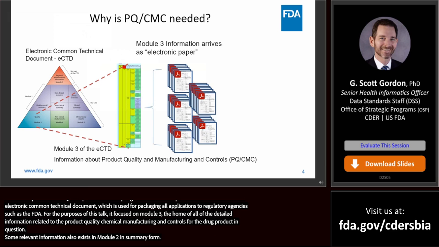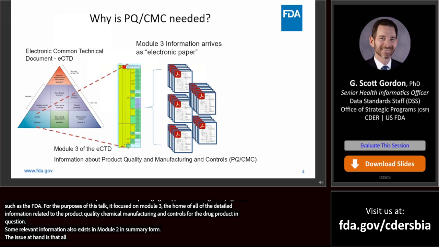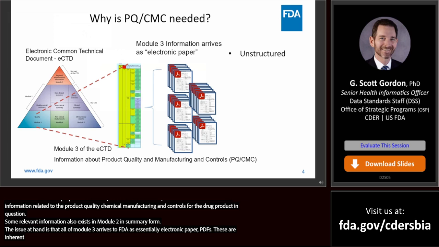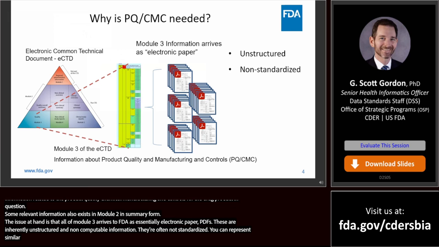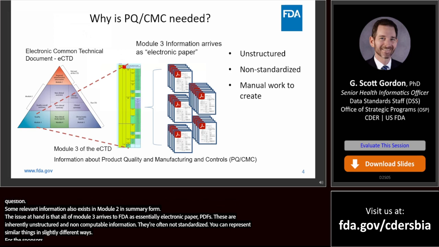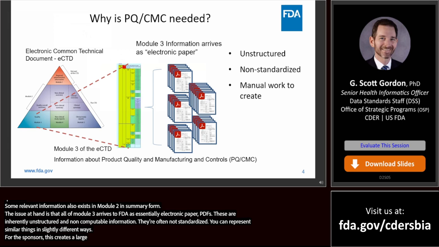The issue at hand is that all of Module 3 arrives to FDA as essentially electronic paper, so PDFs and things of that nature. These are inherently unstructured and non-computable data. They're often not standardized. You can represent similar things in slightly different ways. For the sponsors, this creates a large amount of manual work just to create.